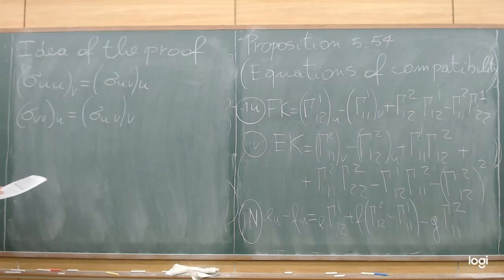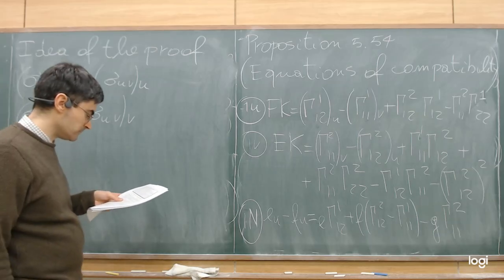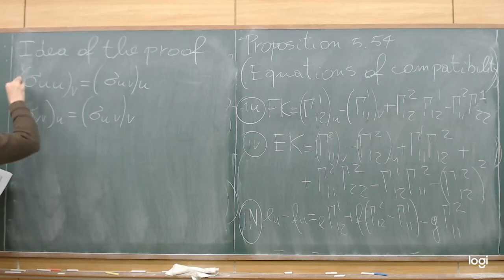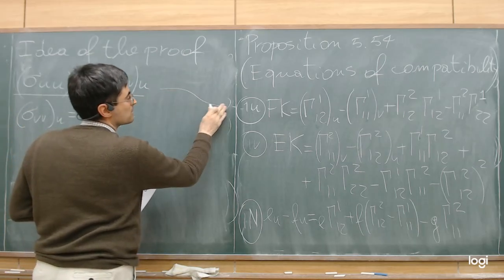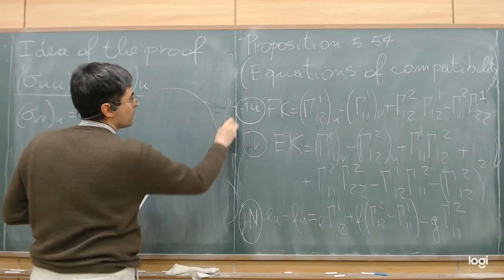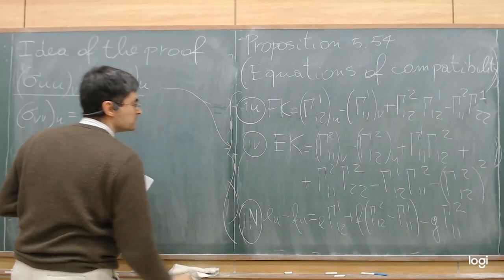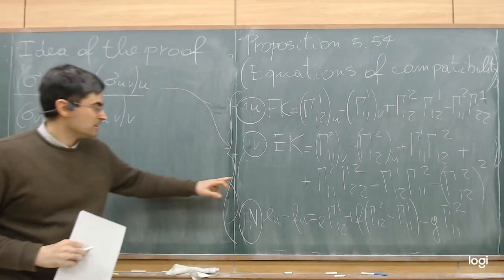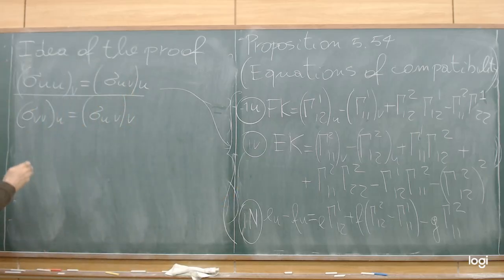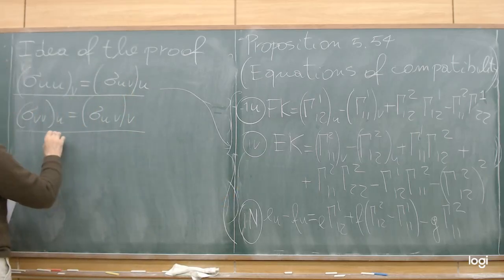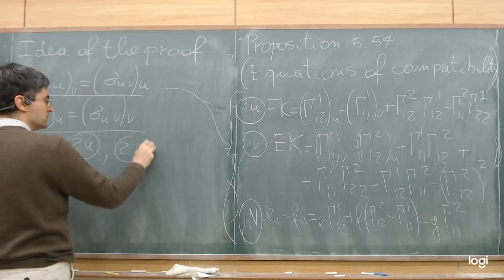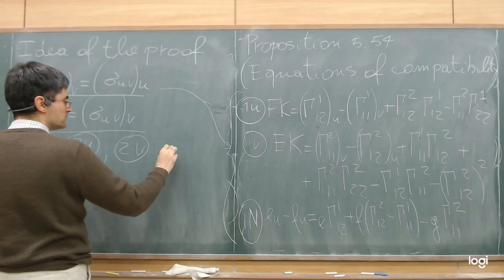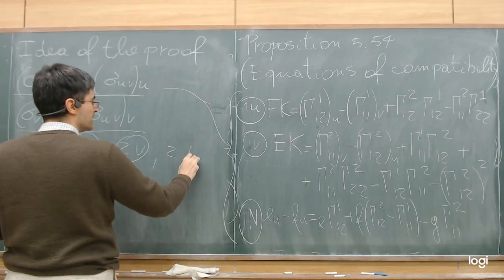Precisely, I will use the first identity for proving these three equations, and the second can be used for proving 2u, 2v, 2n.